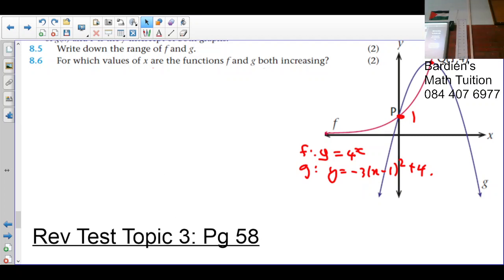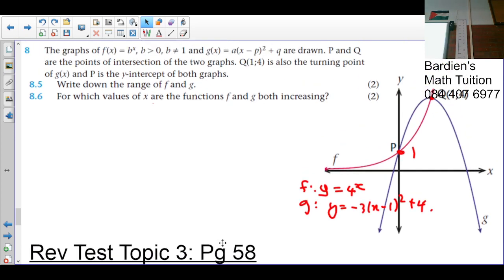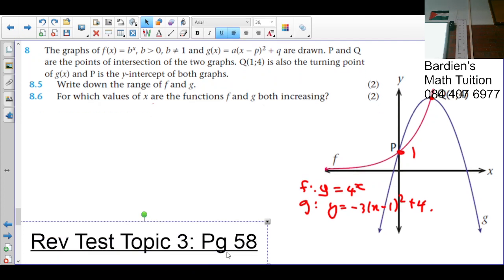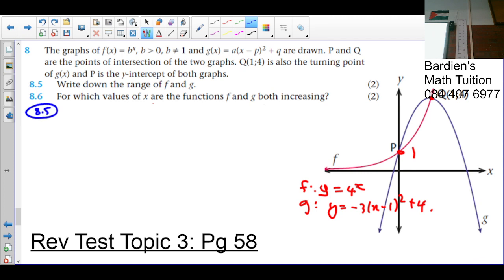The range is all possible y values. If you're looking at the f graph, does this graph exist at negative infinity on your y?